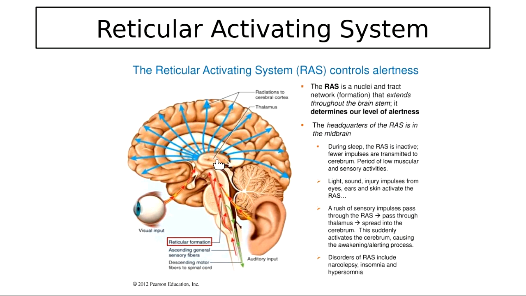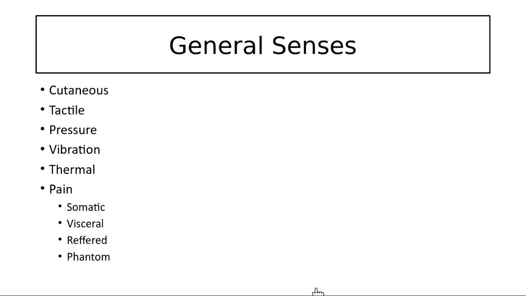Now you can read through this slide here, and it'll tell you basically the same thing that's going on with this picture on the left-hand side. The general senses, I've got them all over here, and most of these have to do with some type of receptor of touch. So just some definitions here. Cutaneous is tactile, that's touch, and so you even have tactile as your second one here, number 2.